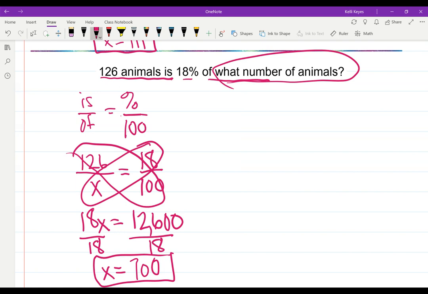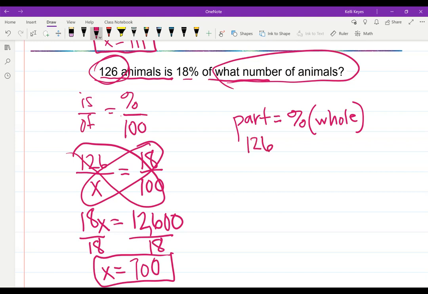Okay, and then let's solve it the other way. So this is the part, right? Because we don't know the whole. So remember with the equation, we have the part equals the percent times the whole. So then 126 is the part, so I'm going to plug that in for the part, equals, and then 18% as a decimal.